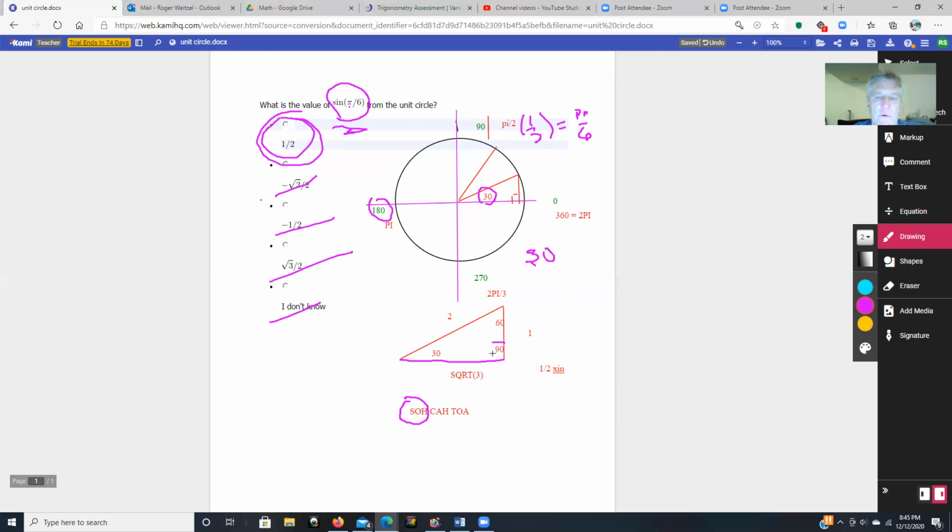This, of course, is only true if it's a right triangle. We're setting up the ratios. We're using our term SOHCAHTOA, and that's going to be opposite over hypotenuse. 1/2 is the ratio we were looking for, and that happens to be answer A.